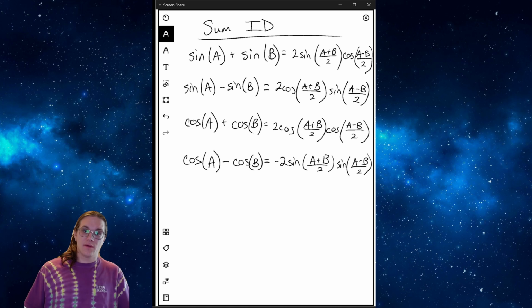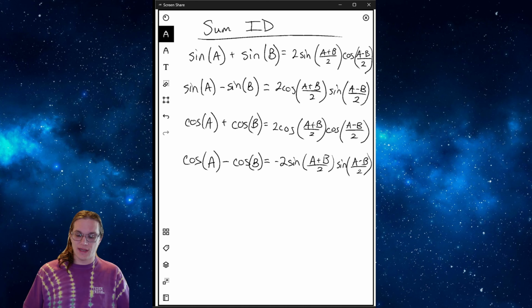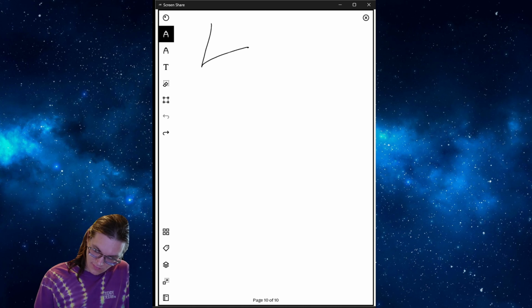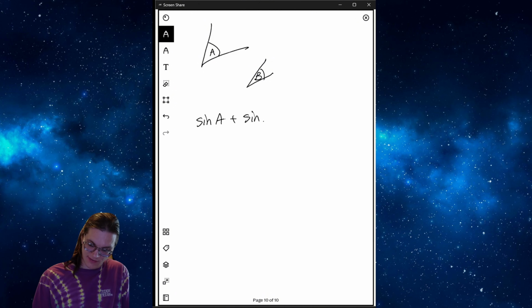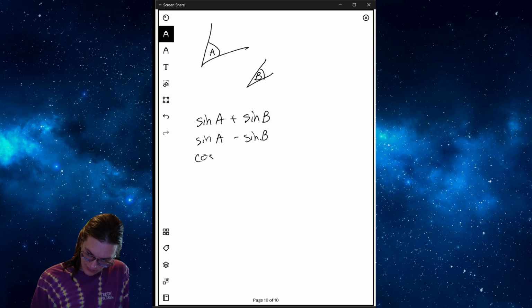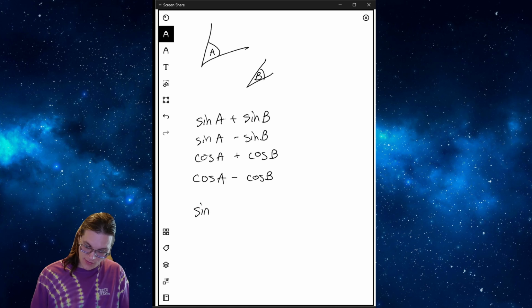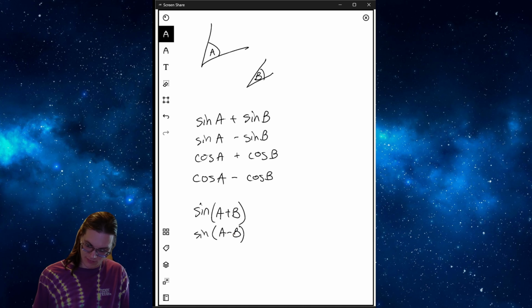Okay, so as you can see, what we've gone over is when I have 2 different angles, and I would like to add the sines of those, or subtract the sines, add the cosines, or subtract the cosines. Take the sine of the two angles added together, or take the sine of the difference of the angles.